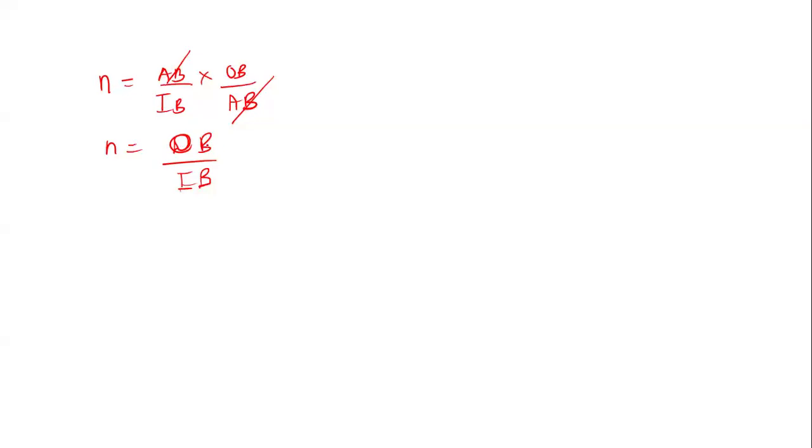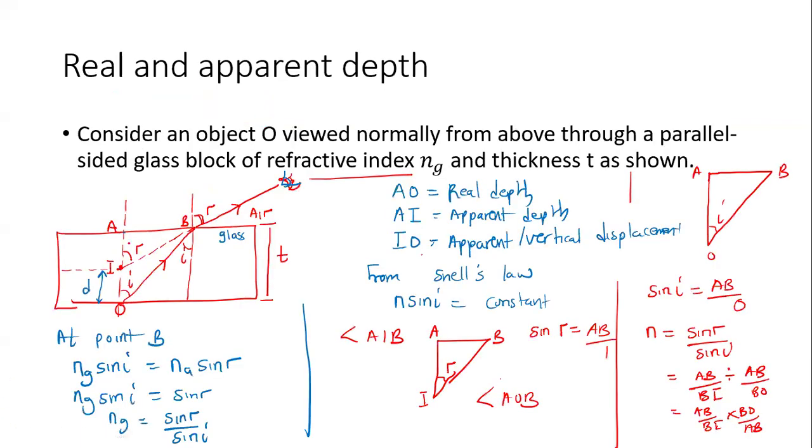But we ask ourselves, what does OB represent and what does IB represent? When we go back to our diagram, you notice that OB is this distance and IB is this distance. Now, I want you to know that whenever the angles are very small, for approximation, whenever B tries to approach A, what does it mean?